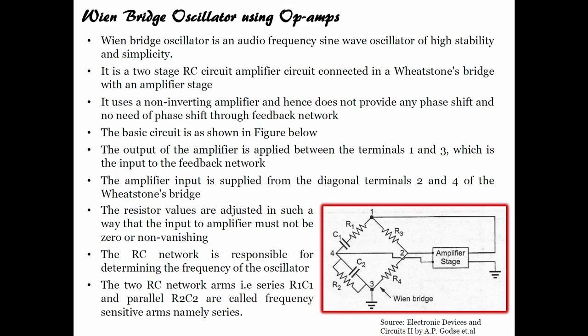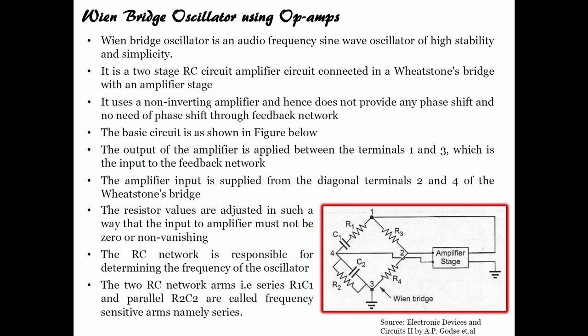The output of the amplifier is fed back between terminals 1 and 3. The amplifier input is applied between terminals 2 and 4. The resistor values are adjusted such that the input to the amplifier must not be 0, that is, non-vanishing.